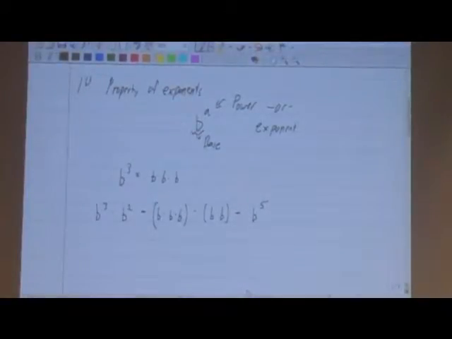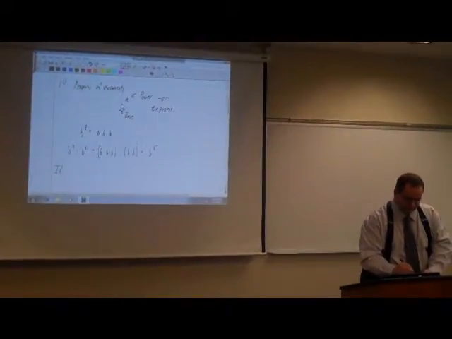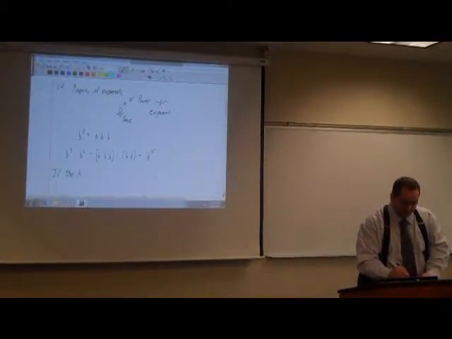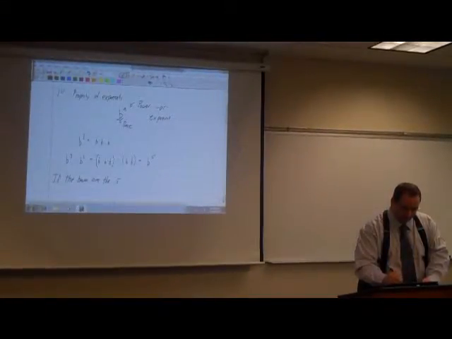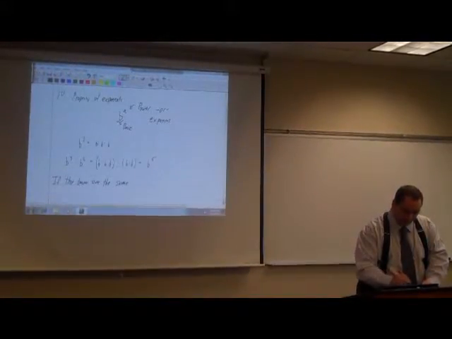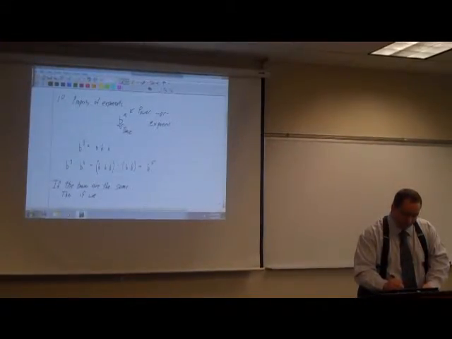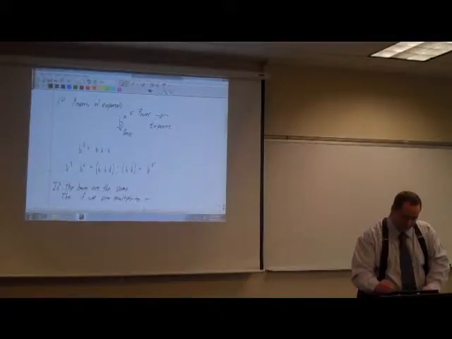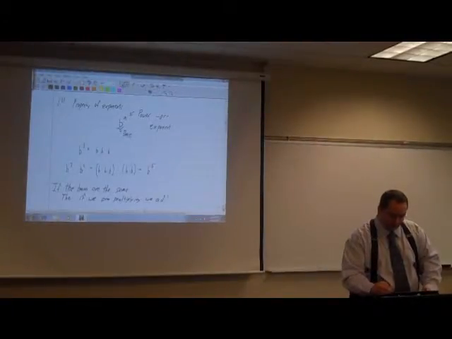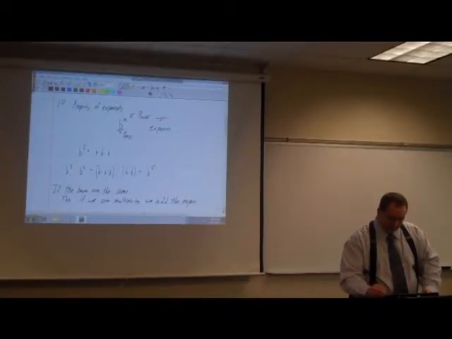So our first property of exponents is: if the bases are the same, then if we are multiplying, we add the exponents. Add the exponents.